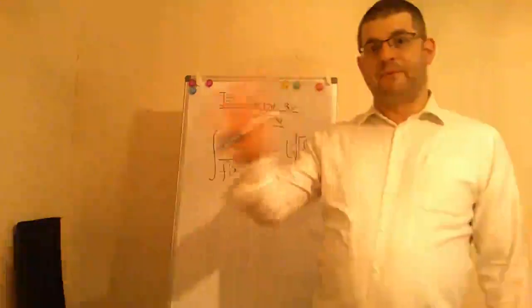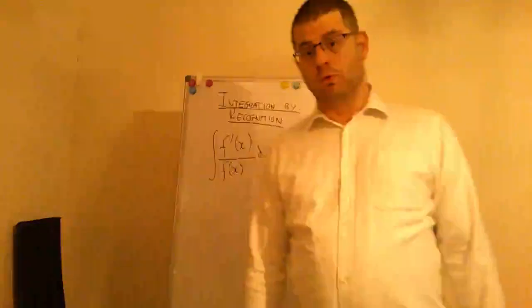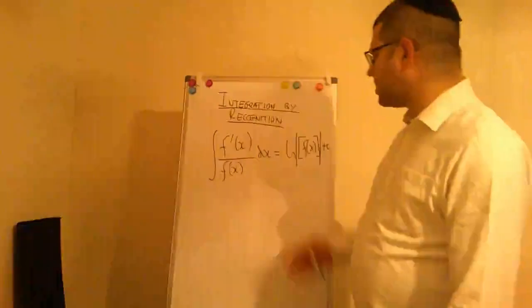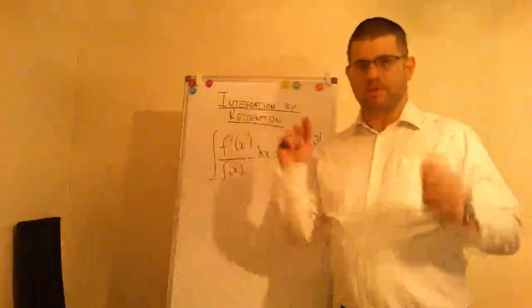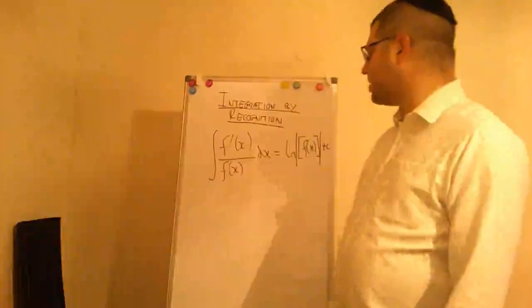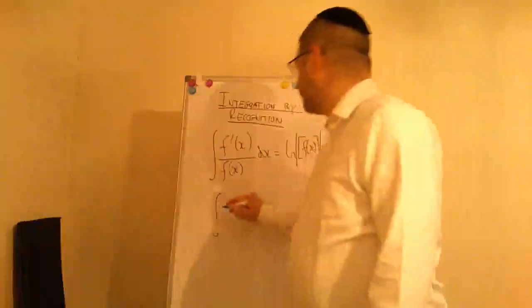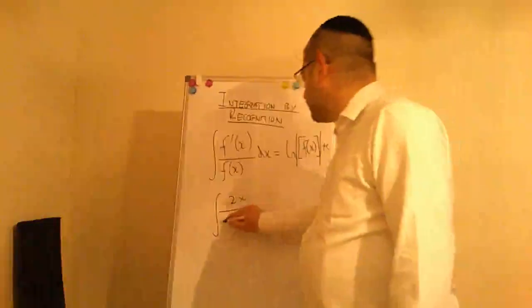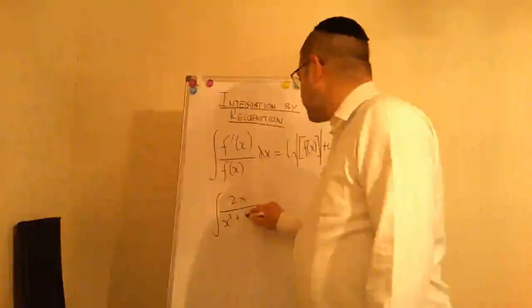And some very, very famous integrals come out from this rule. Let me show you one example of applying this rule, not necessarily a famous result, but one. So for example, let's say you are integrating 2x over x squared plus 1.